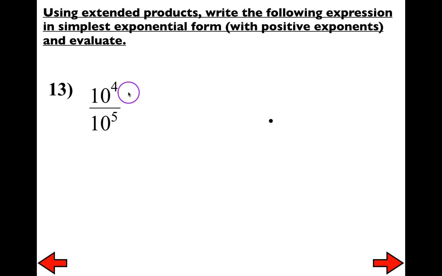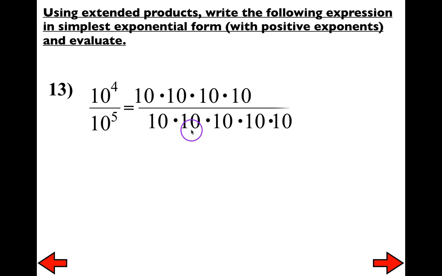Okay, so here, let's see how well we did. I'm going to go ahead and write 10 4 times in the numerator and 10 5 times in the denominator. So I'm going to go ahead and cross cancel. 10 divided by 10 is 1, 10 divided by 10 is 1, and keep going until you have nothing left. So here, be very careful. What's left in my numerator? It's just 1 times 1 times 1 times 1.